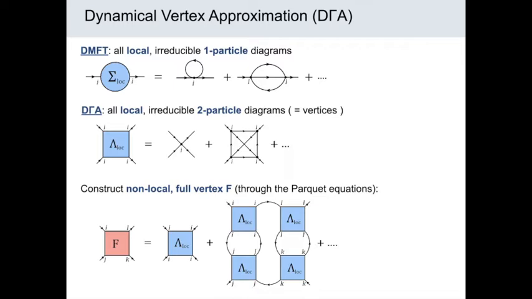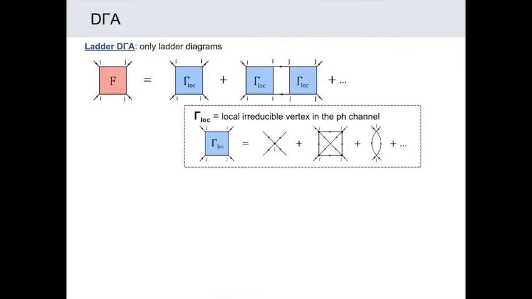I would say for multiple orbitals, it's not feasible. So we introduce an approximation. We restrict ourselves to only a certain class of diagrams. We construct only ladder diagrams, and that is called the ladder DΓA.